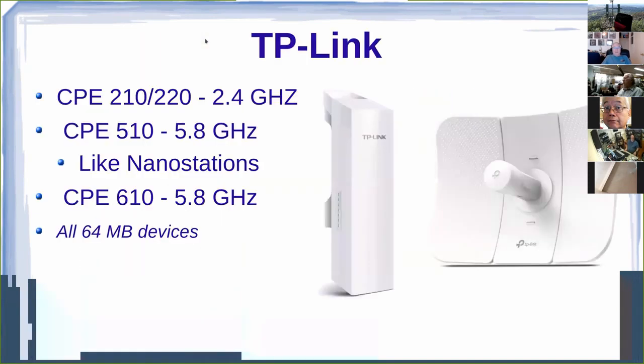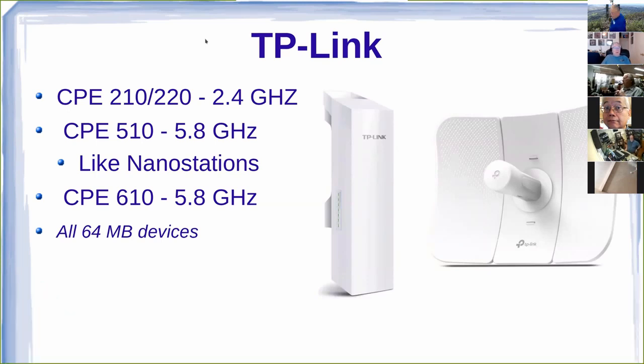Here's the TP-Link. On the left is the Nano Station equivalent, the CPE 210, 220, and 510 for 5 gigahertz, and on the right, the CPE 610 for 5 gigahertz. From the get-go, TP-Link has all been 64 megabit devices, so they're holding their age very, very well. I don't know if they make the CPE 210 anymore.